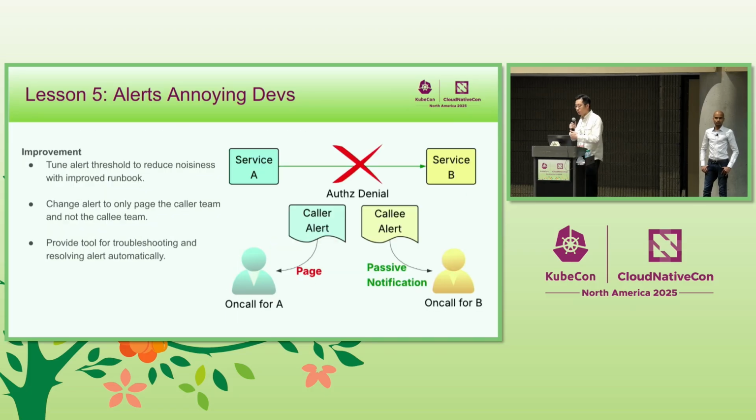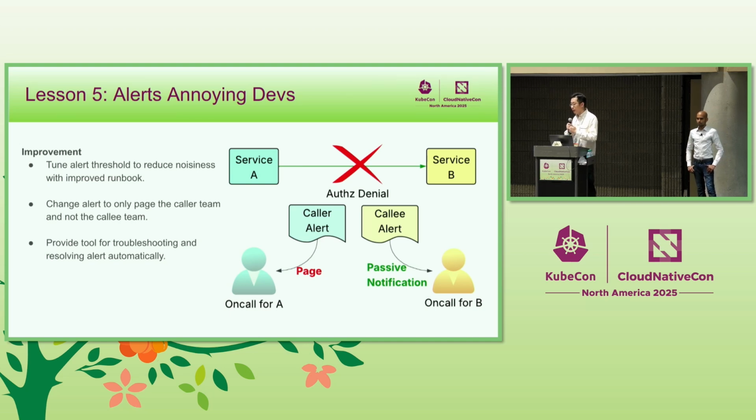So we analyzed the problem, we fine-tuned the threshold, and we reduced the number of alerts. We do not page the calling service because it's not really actionable by them. We still page the caller because that's their responsibility to fix the policy. And we also provide a tool and API to help the user resolve those alerts automatically.